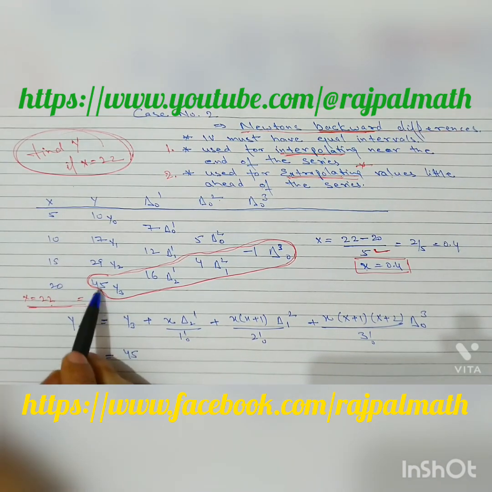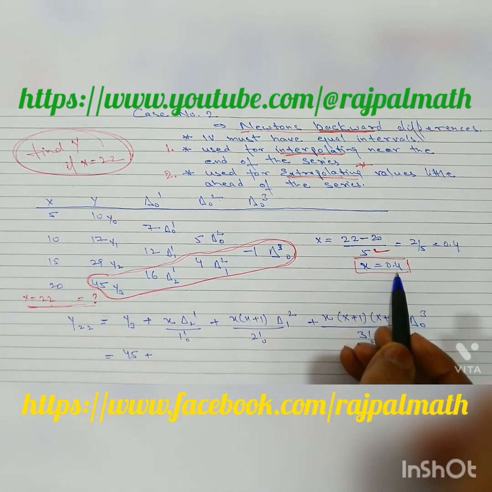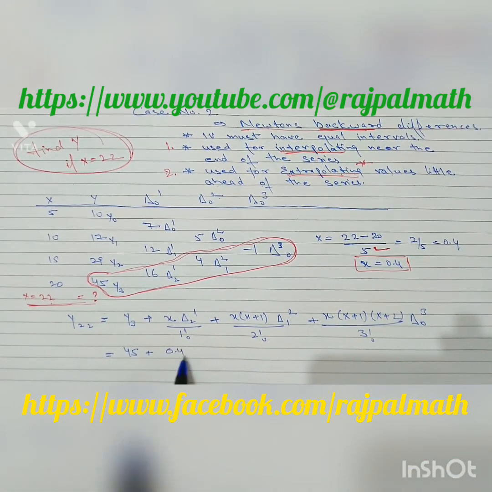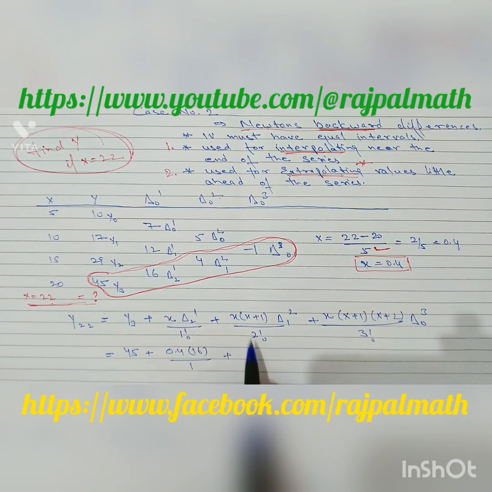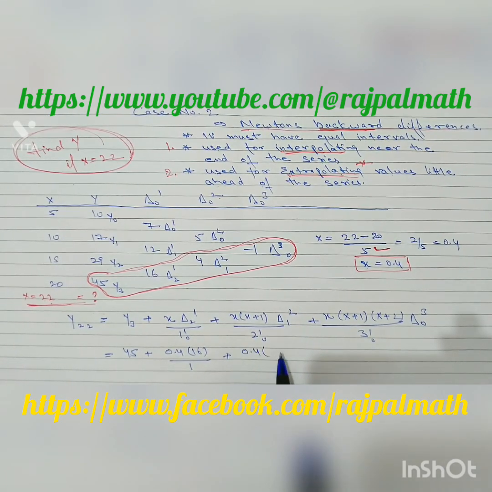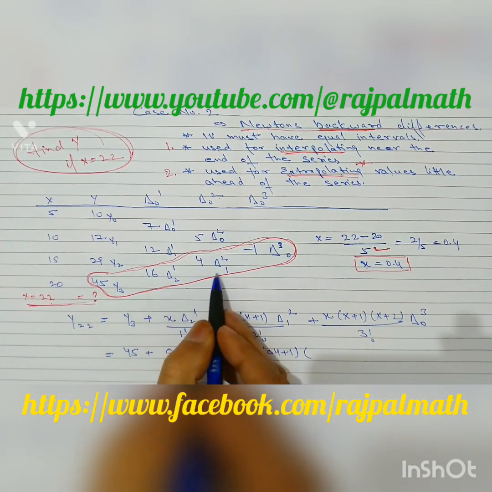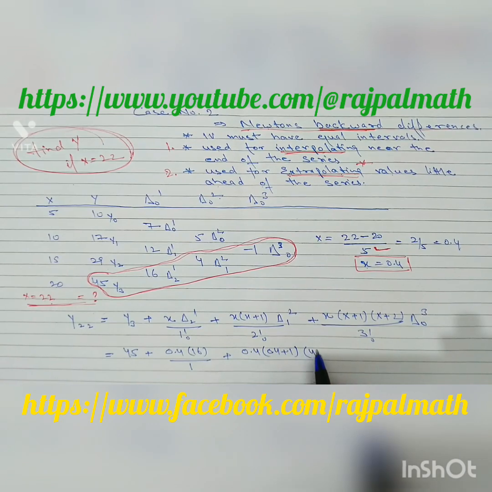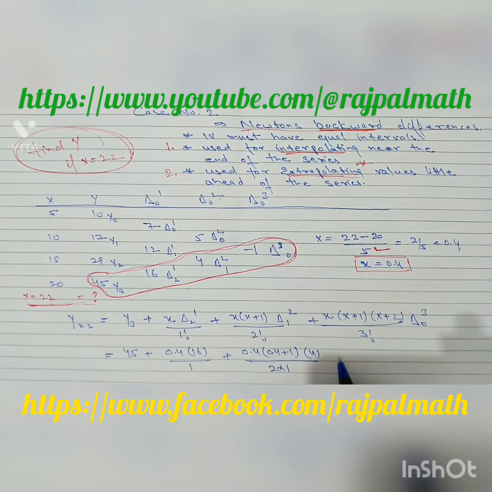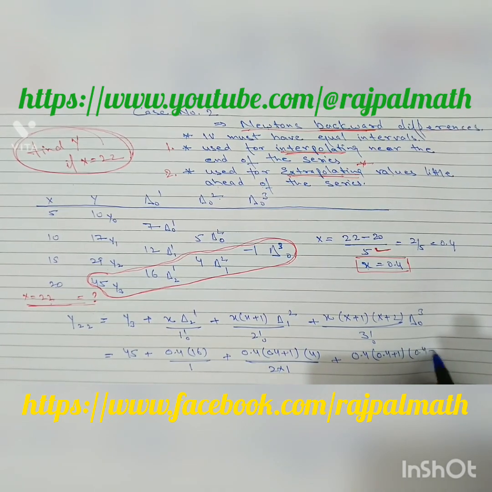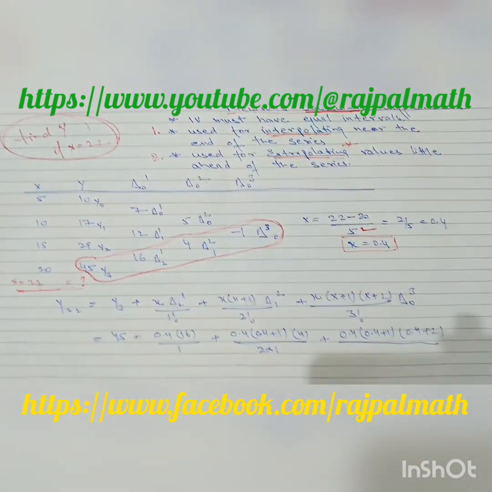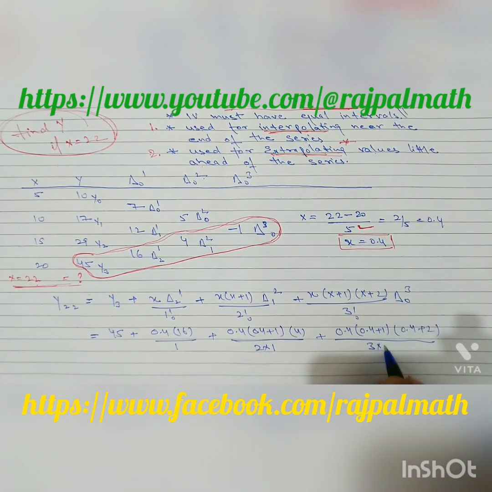45, y3 is 45, plus x is 0.4, 0.4 into 16 over 1, plus x is 0.4, 0.4 plus 1, delta 1 2 is 4, into 4 over 2, into 0.4 plus 1, 0.4 plus 2 over 3 factorial, meaning 3 into 2 into 1.